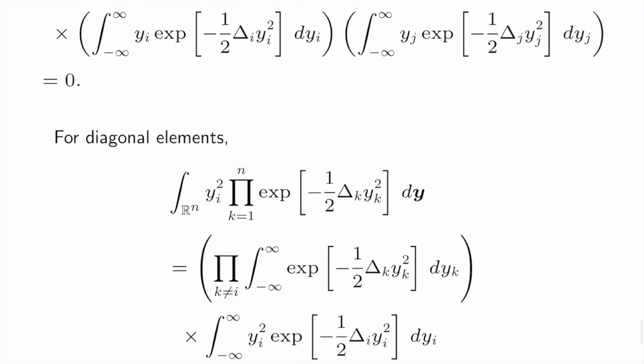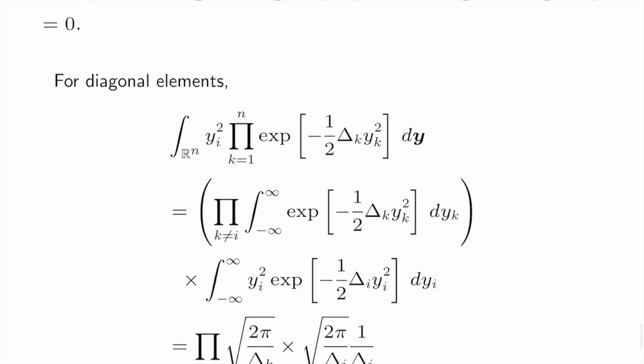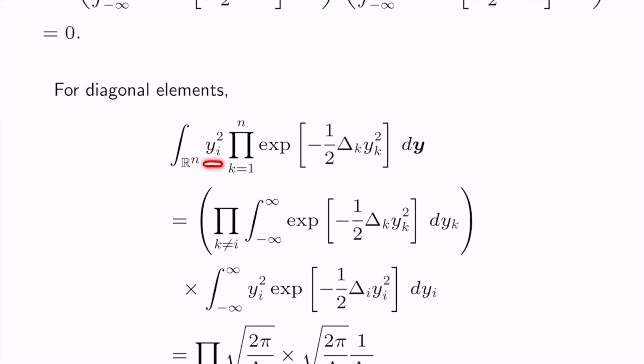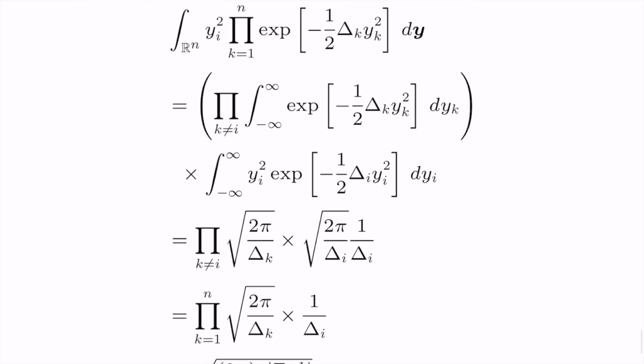Next, let's consider the diagonal elements. In the diagonal elements, we have yi squared times this factor. So again, we split this product into two parts, the one containing the index i, and the other everything else. Everything else is here. So for this part, the everything else part, it is just a Gaussian integral.